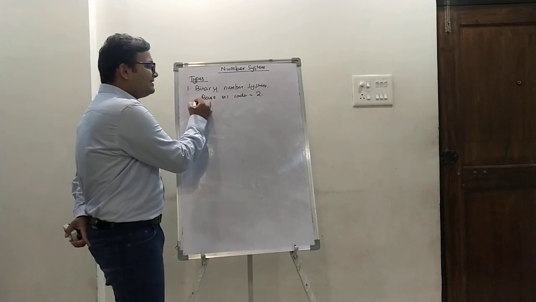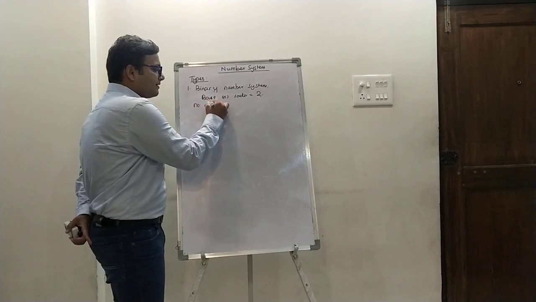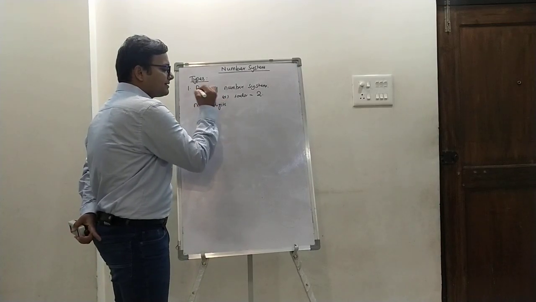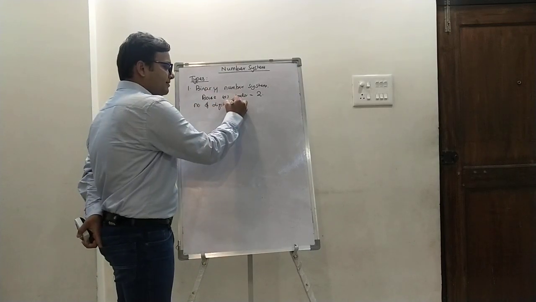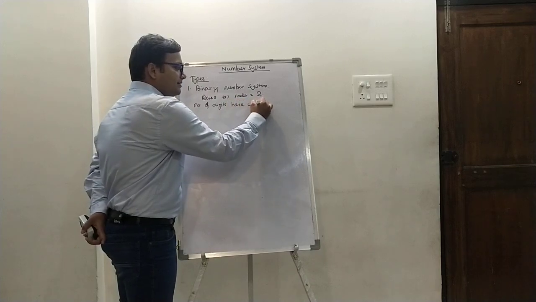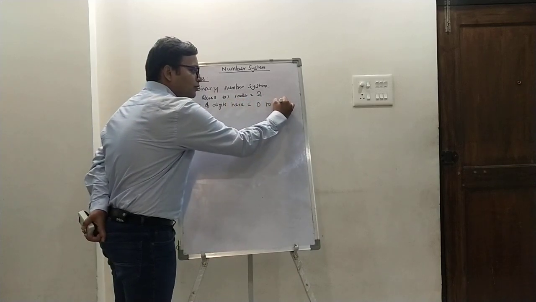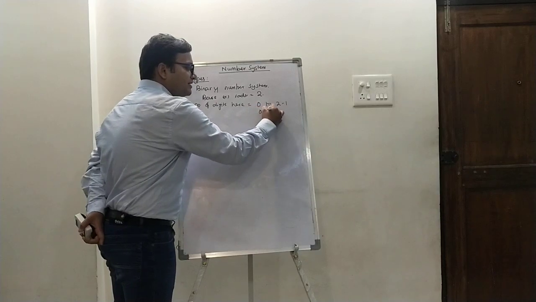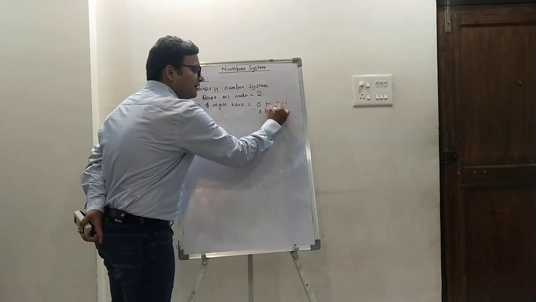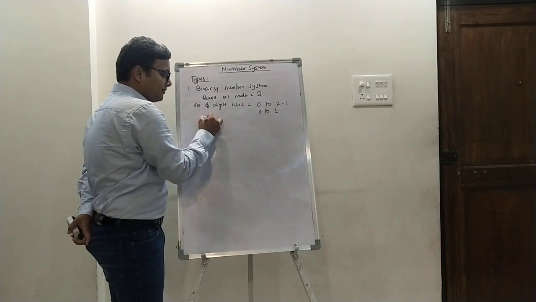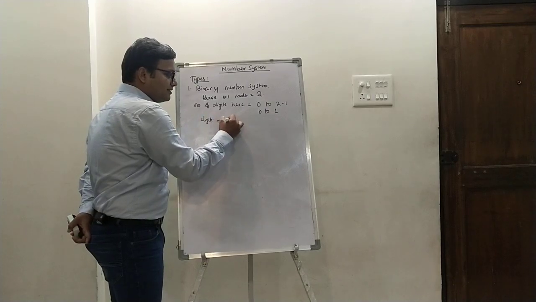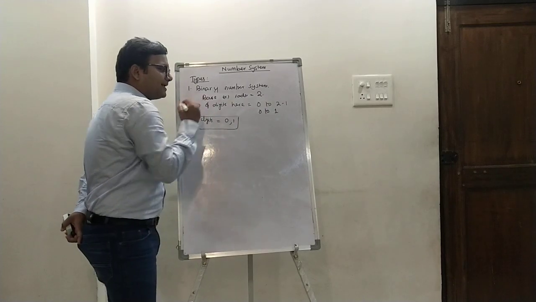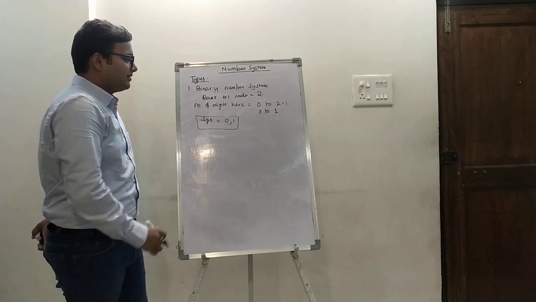The number of digits here is 0 to r minus 1, so 2 minus 1 means 0 to 1. So what are the digits or values? 0 and 1 are the digits of the binary number system.